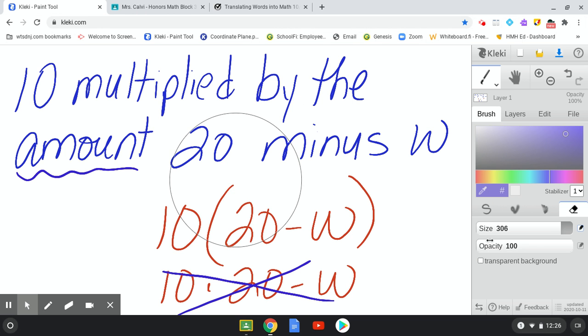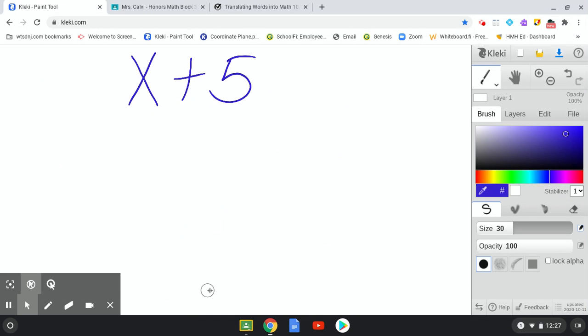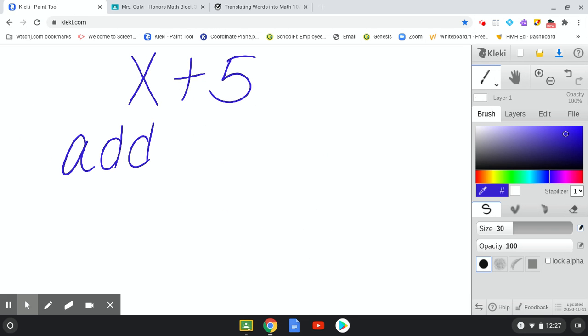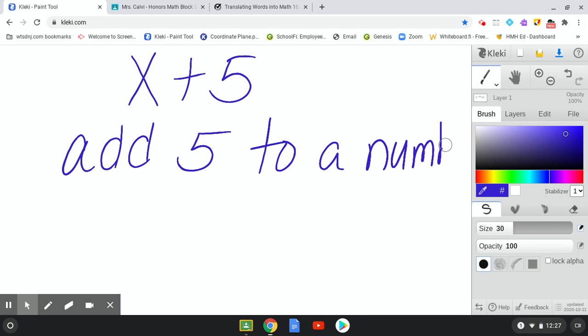So let's take a look at that. Here I have the algebraic expression, and I want to write the verbal phrase. Remember, verbal means you're going to have words. So x plus 5, you can write this several different ways. You can say add 5 to a number.